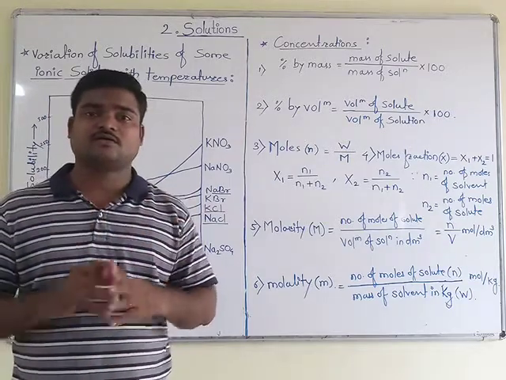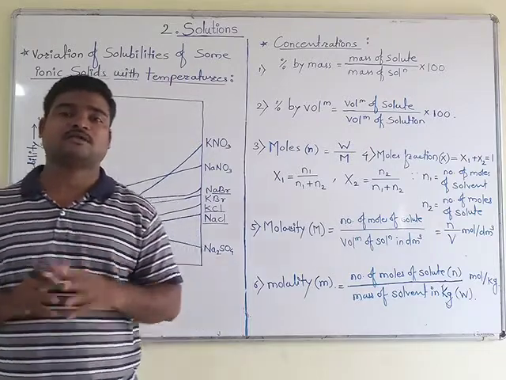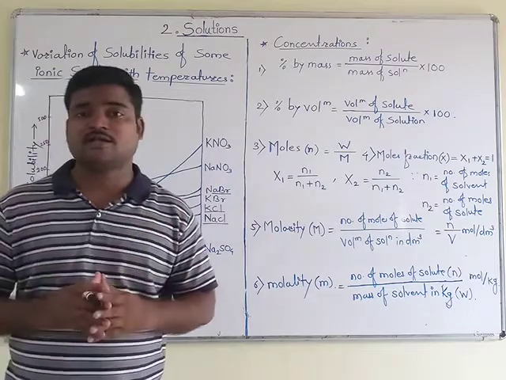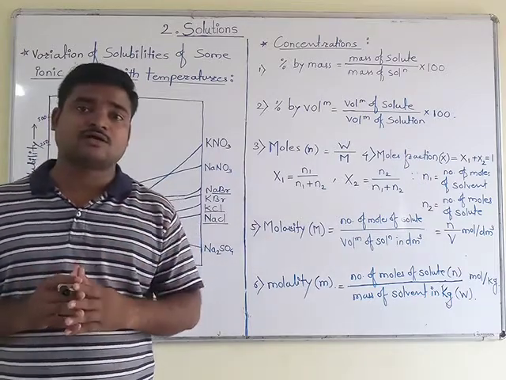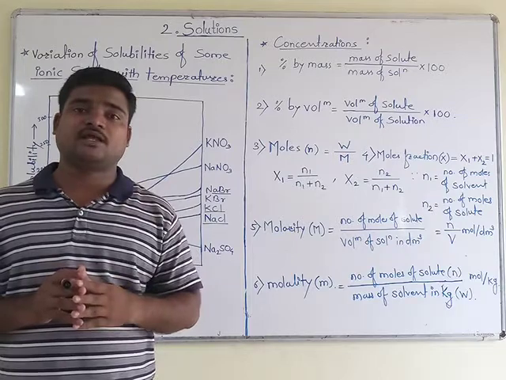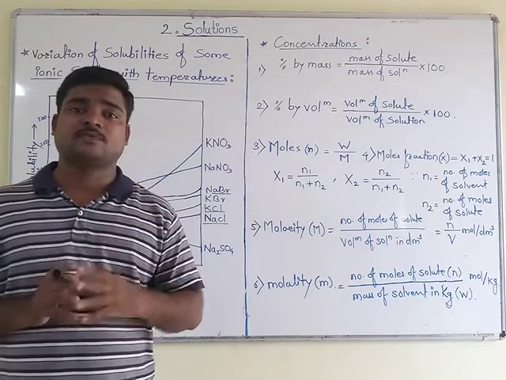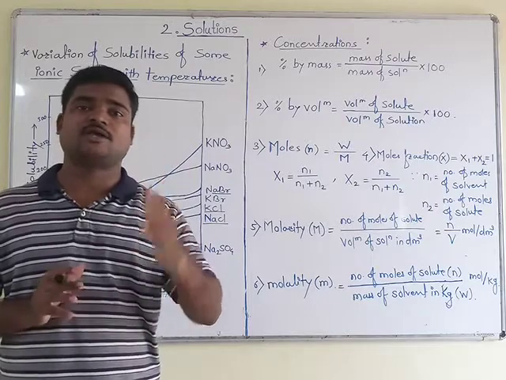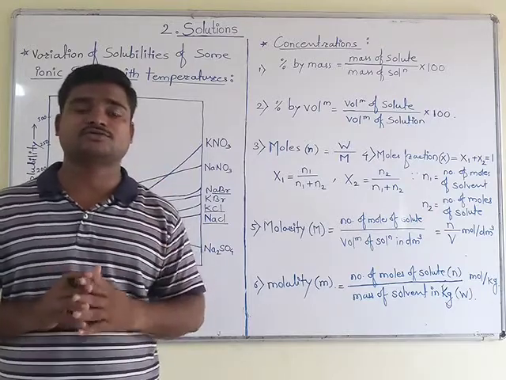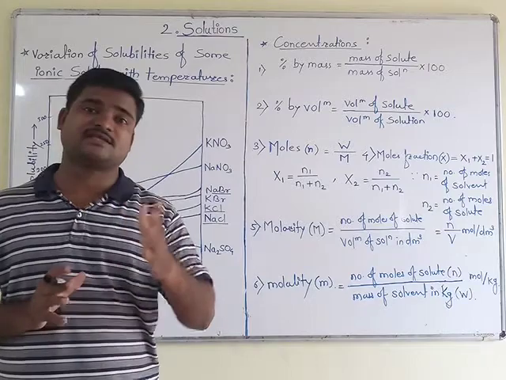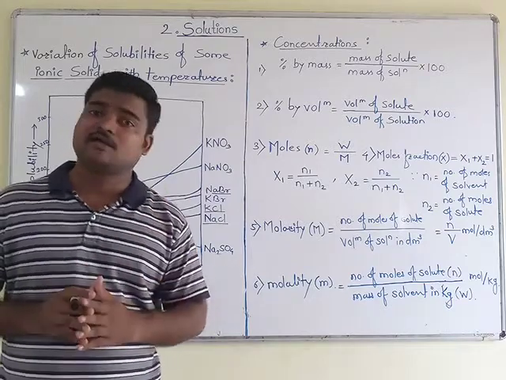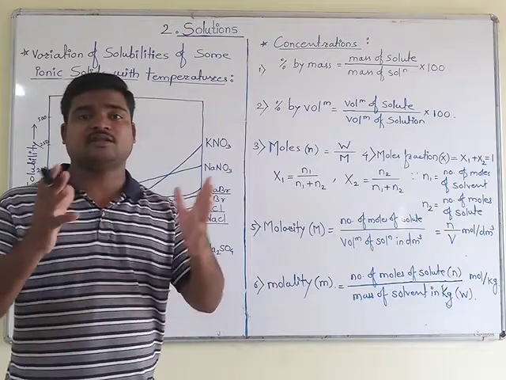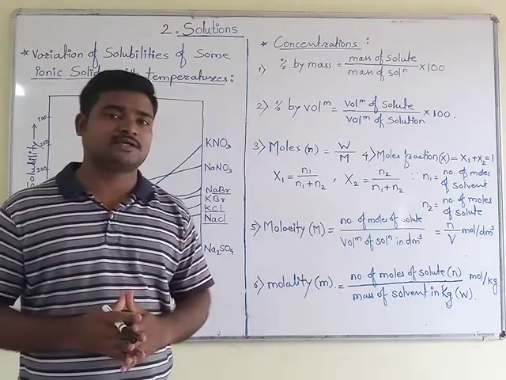But why does solubility increase? If we consider any liquid, it has some holes. Due to the increase in the number of holes, the solid may occupy those holes, so the solubility increases with the increase in temperature. This is the reason behind it.